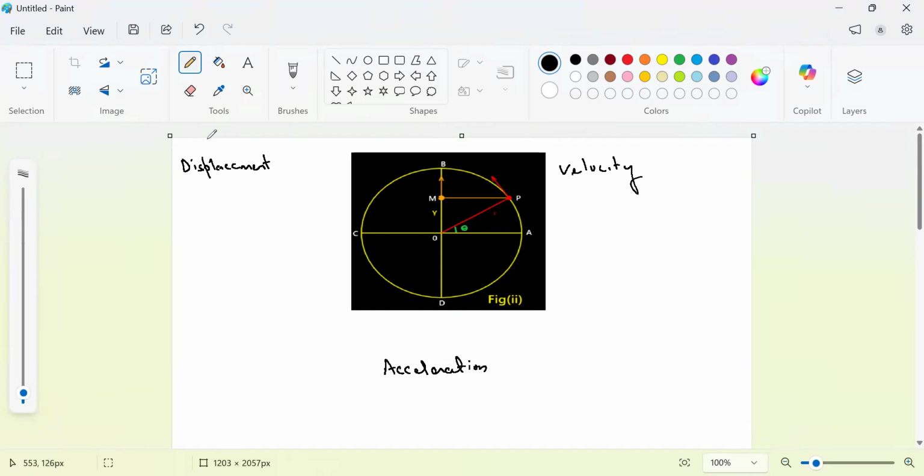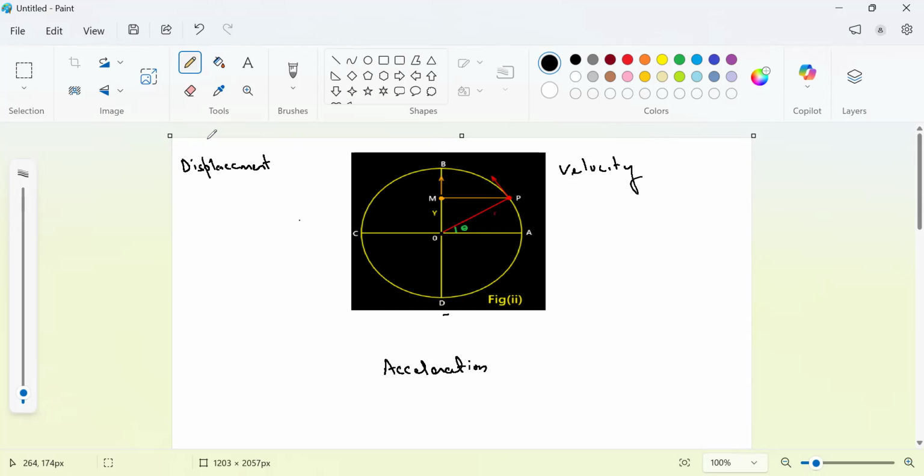By that, we mean to find out what is the displacement of this particle M, what is its velocity, and what is the acceleration of this particle M as it undergoes simple harmonic motion about the mean position O, along the diameter BD.